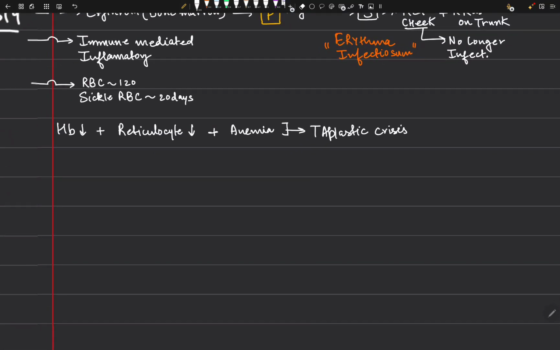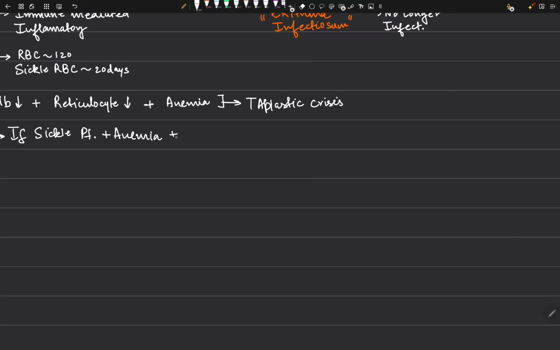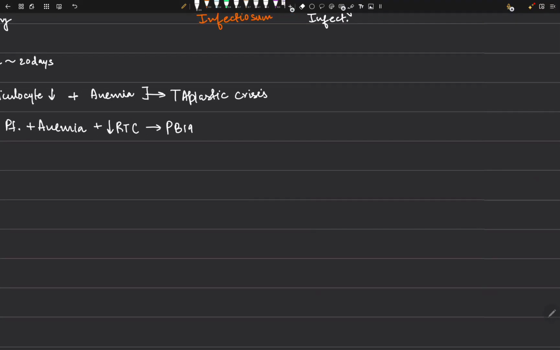So if a sickle patient has anemia and he has a low reticulocyte count, we should think about Parvo B19 until it's proven otherwise, okay?